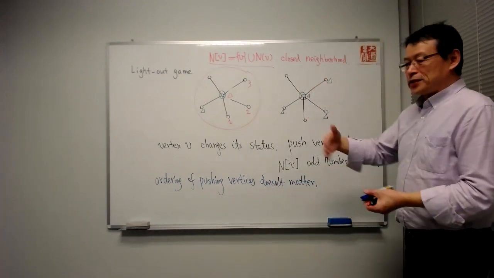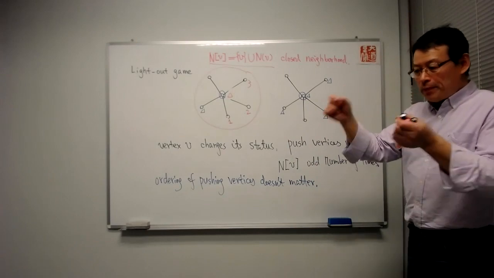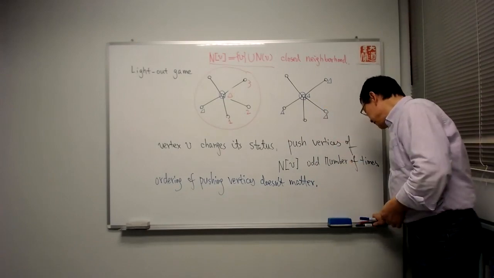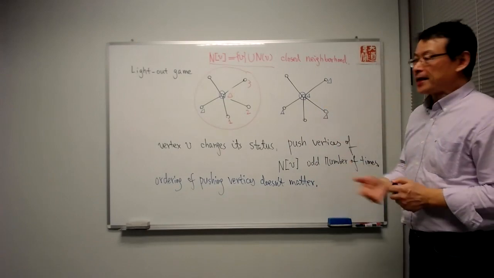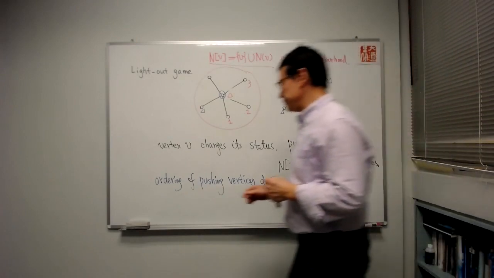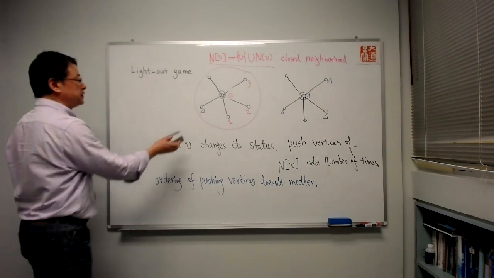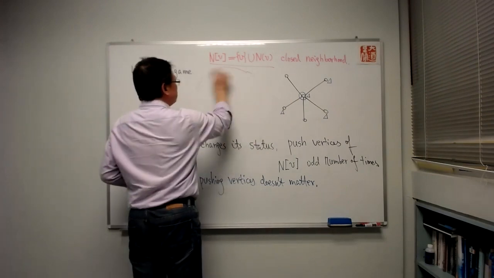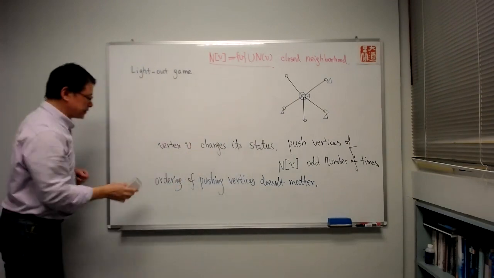The game looks to be dynamic, as we push vertices one by one, but actually it's not. It's a vertex partition problem. Eventually, what happens is we partition the vertex set into two parts.